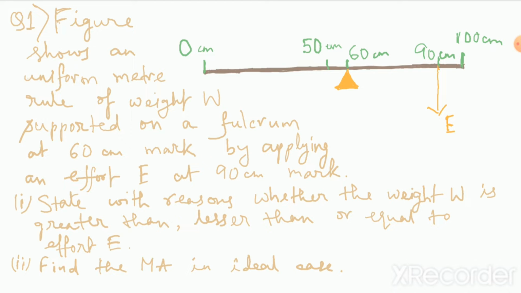First of all, the weight of the rule acts through the midpoint. So if I consider this figure, the weight of this rule is acting through this point. This is W, the weight of the rule. Due to the weight of the rule, an anti-clockwise moment is created, and the effort creates a clockwise moment.